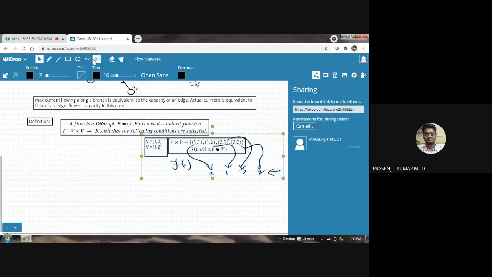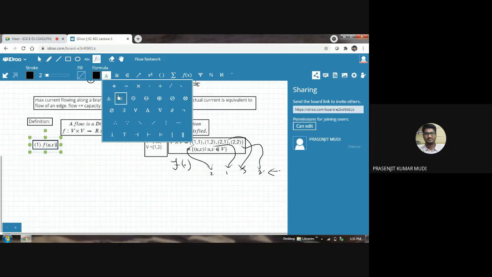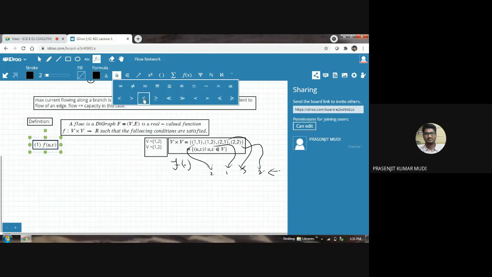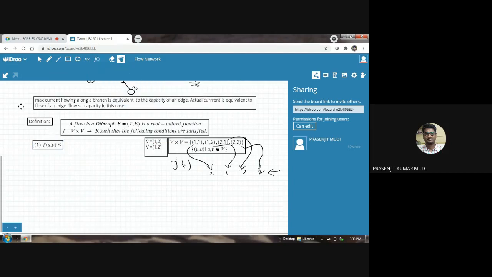Such that the following conditions are satisfied. Now, what are the conditions? Number one, the flow corresponding to an edge u comma v, which is denoted by f of u comma v, has to be less than or equal to the capacity, which we have convinced ourselves with the help of an example, right?